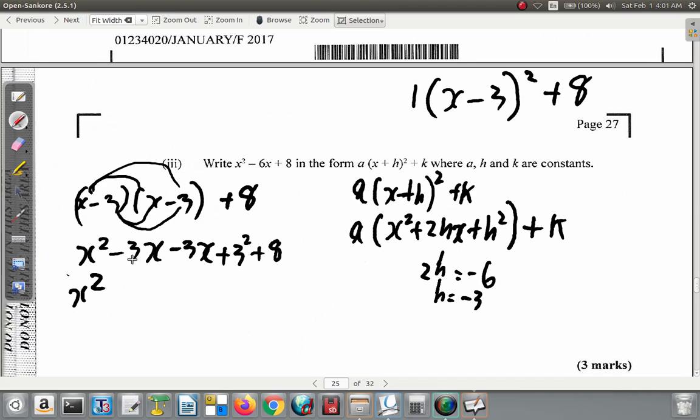So x squared minus 3x minus 3x is minus 6x, plus 3 squared is 9, plus 8.